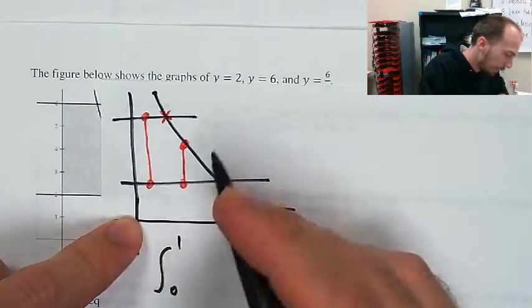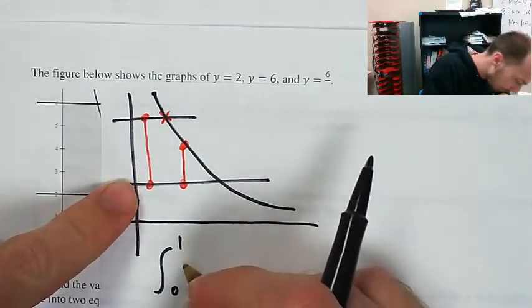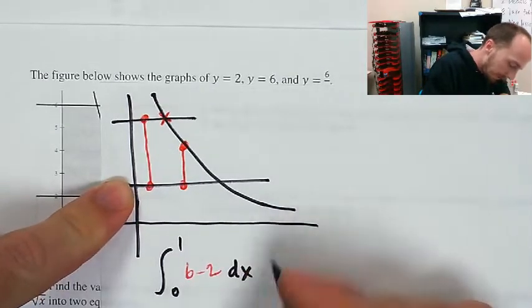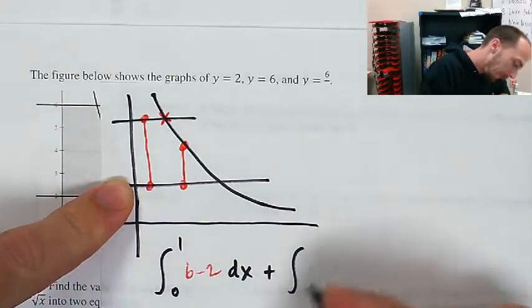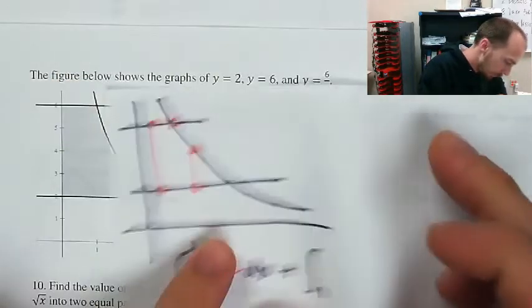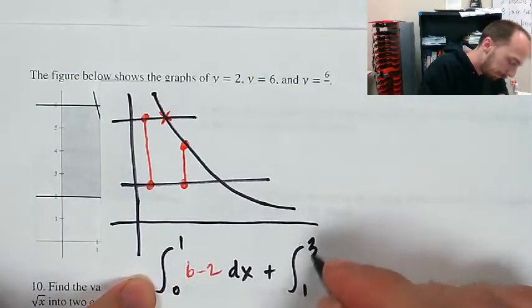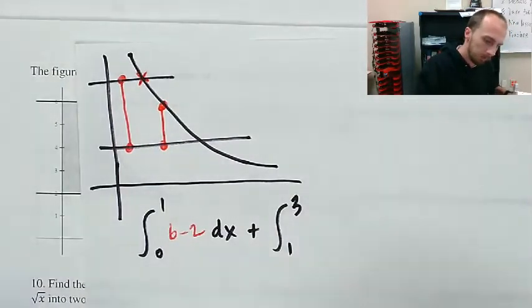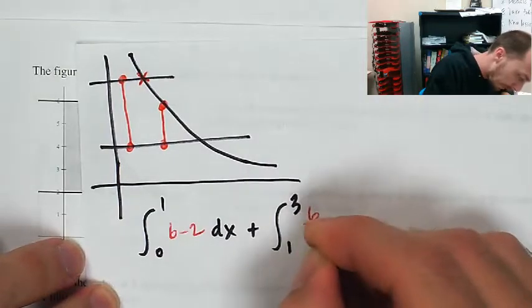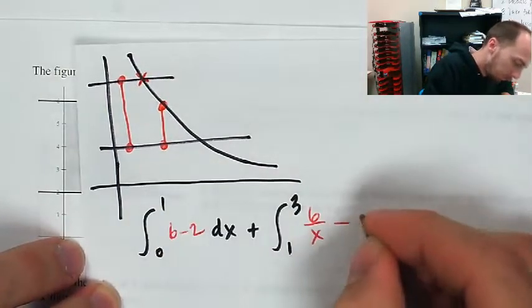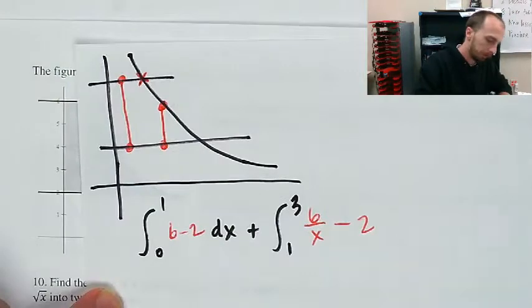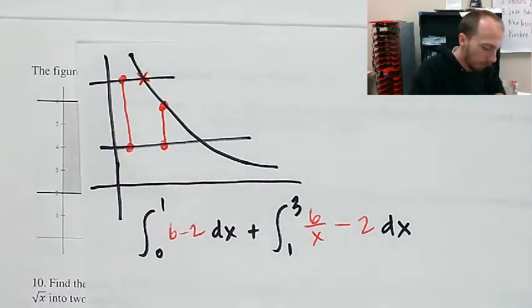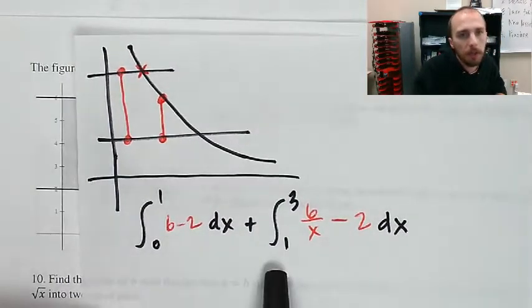Top minus bottom is 6 minus 2, dx, plus the integral from 1 to, that's looking like 3, of top minus bottom, y equals 6 over x, minus y equals 2. Okay, and that's my expression in x that gives the area of the region.